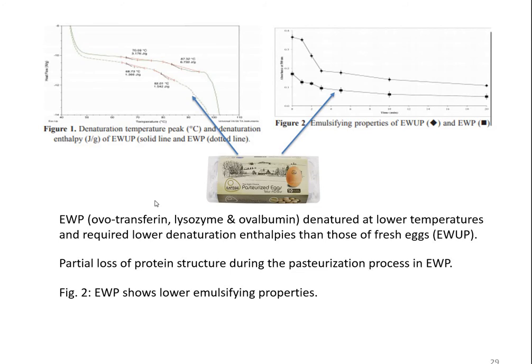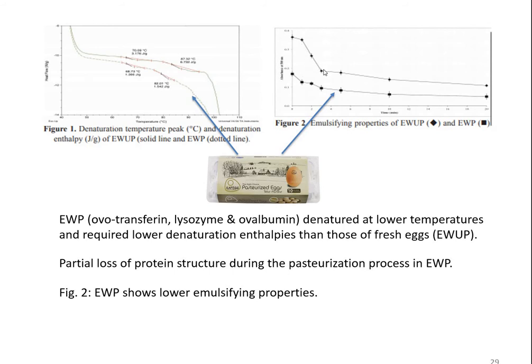So we concluded from here that there was definitely a partial loss of protein structure during the pasteurization of EWP. To test whether this denaturation had caused any alteration in the functional properties, one functional property we tested was emulsifying properties here.